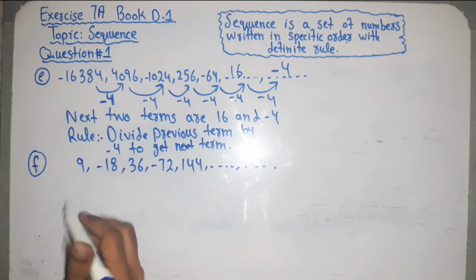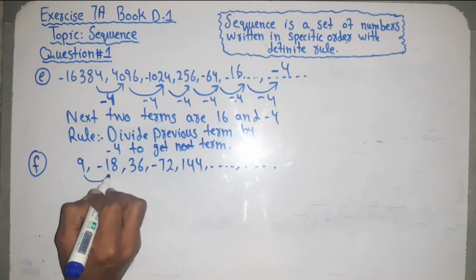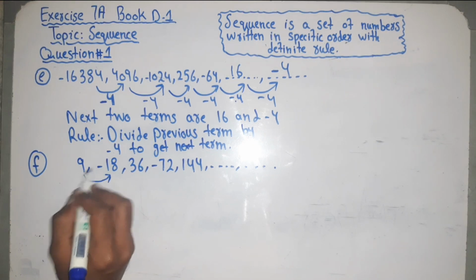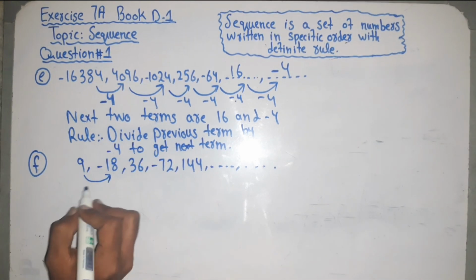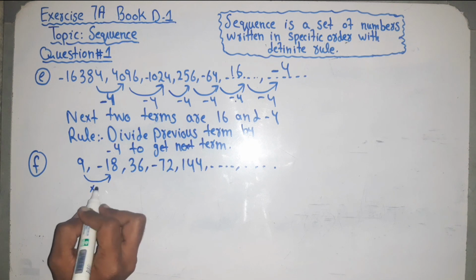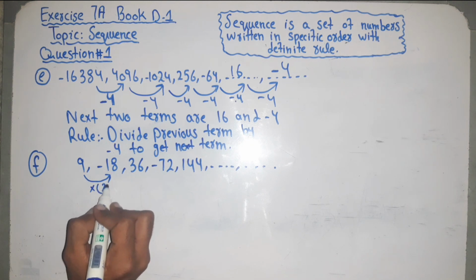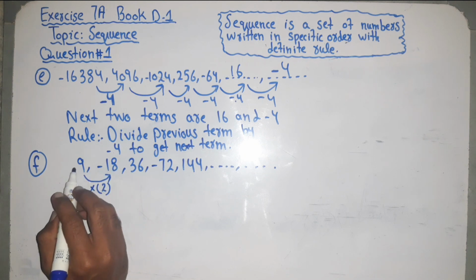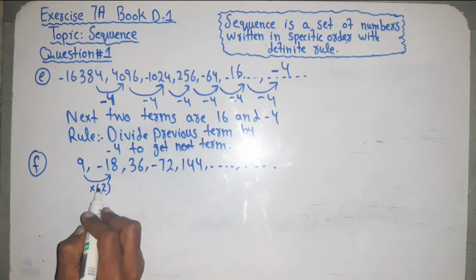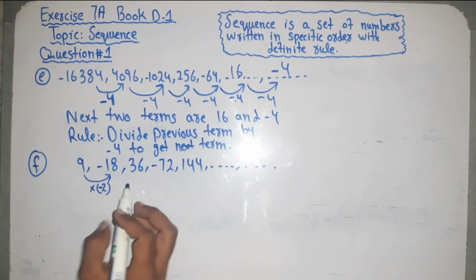Okay, so we have to check a number that becomes 18 if we multiply it with 9. So 9 ones are 9, 9 twos are 18, so there will be 2. If we multiply 9 with 2, we will get 18. But when a positive number is multiplied with a negative number, we will get a negative answer.